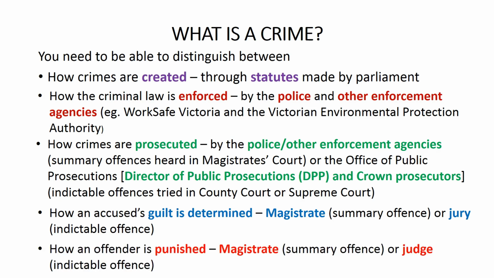The fifth and final aspect of the criminal justice process is the punishment of an offender. If the offender commits a minor offence, that is a summary offence, then a magistrate will determine the punishment for the offender. If the offender commits a more serious offence, that is an indictable offence, then a judge in the County Court or Supreme Court will determine the punishment for the offender.